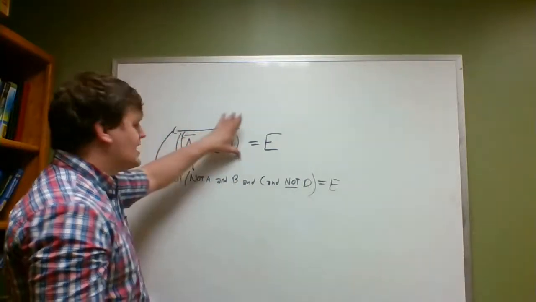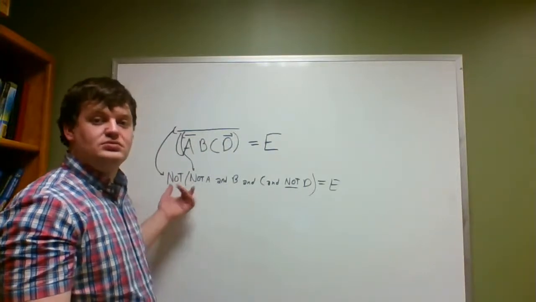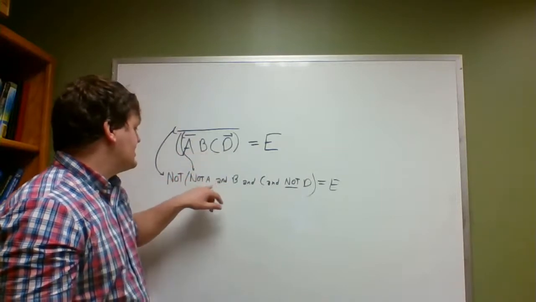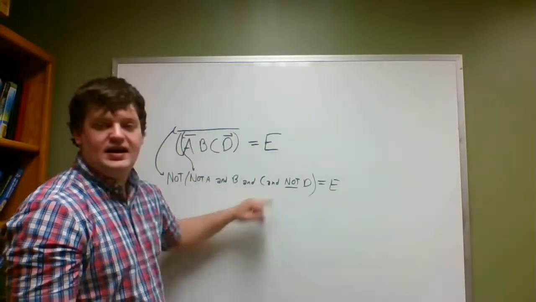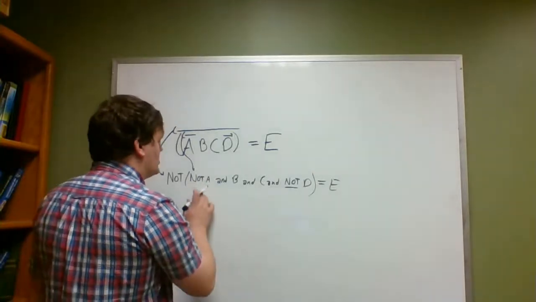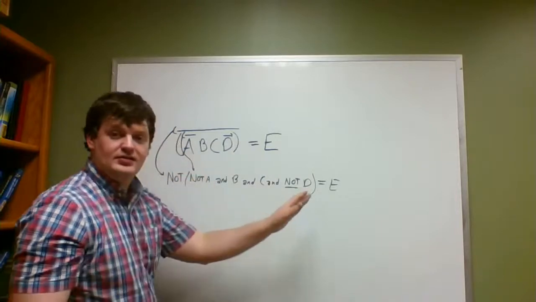And then we're taking the entire function and we're knotting it. So there's not the function. Okay? Since these are all four multiplied together, this is an and. Okay? This is one big NAND gate because it's a not and.